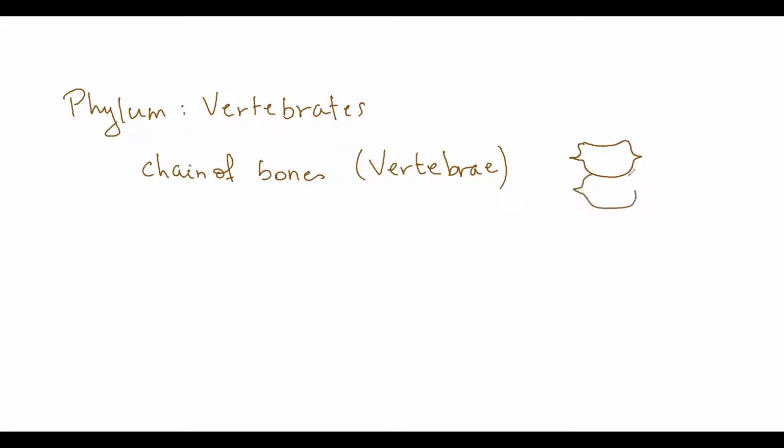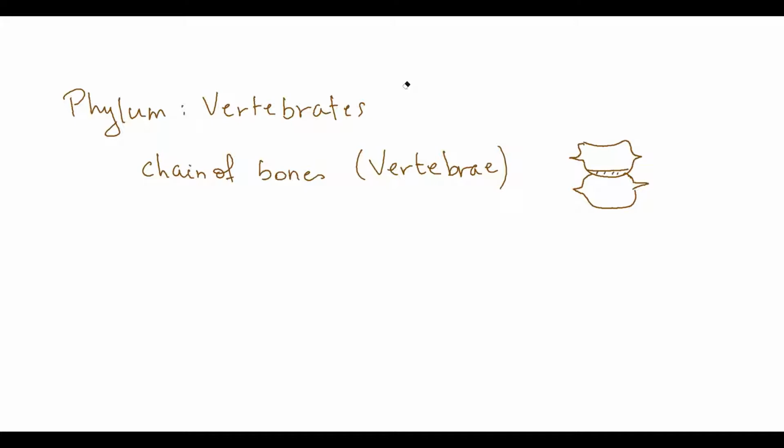Human biology has the structure of the vertebrae, not in O-Level. The vertebrae are just arranged end to end, and by the way, there is a joint between them. These are the vertebrae that form the vertebral column. The vertebral column of humans, for example, is composed of 31 vertebrae. It's not important to know the number, but I wanted to give an example for the number of bones arranged end to end.